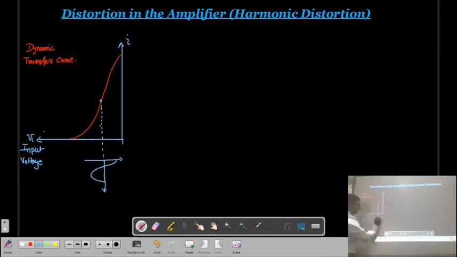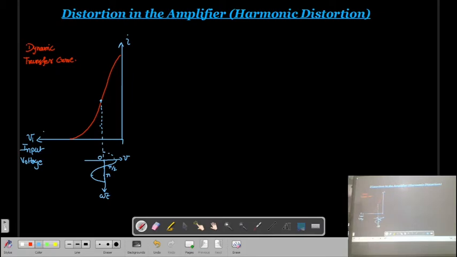Here I am taking a cos curve. So you can say this is my input voltage V. Here we have omega t equal to 0. This is omega t equal to pi by 2, and this point is omega t equal to pi. So this axis is the omega t axis.